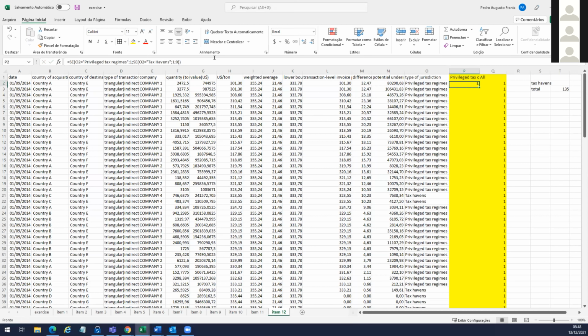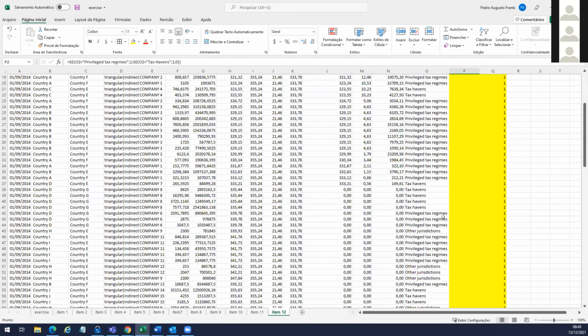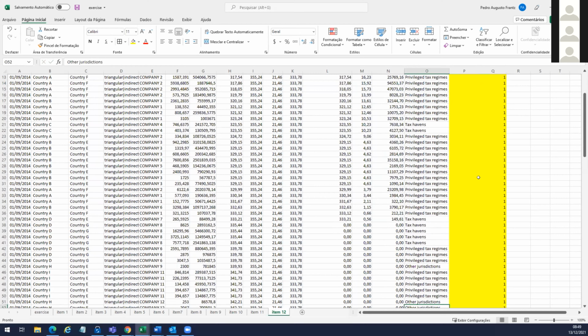Okay. We have a formula here. When this column is privileged tax regimes, 1, when tax havens 1, or when the other jurisdictions 0.